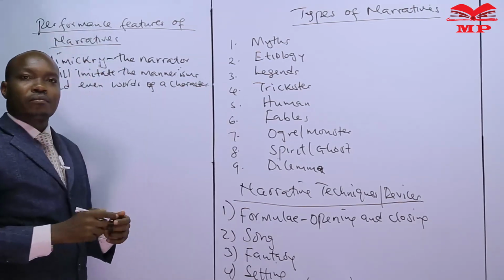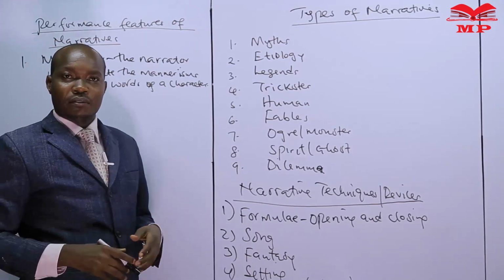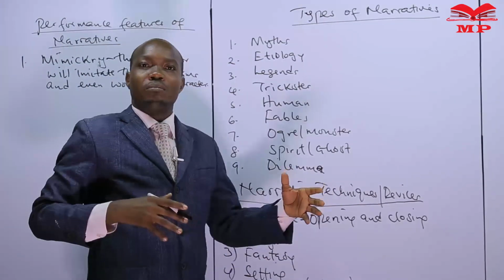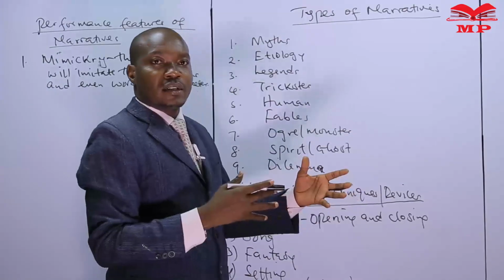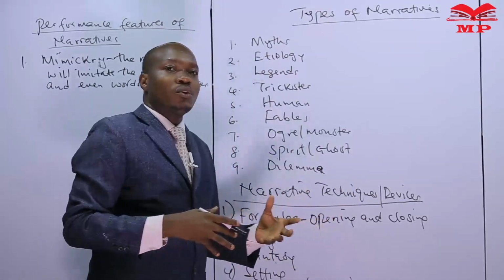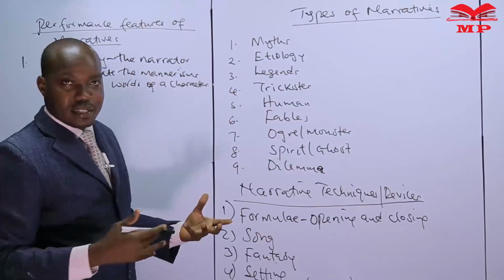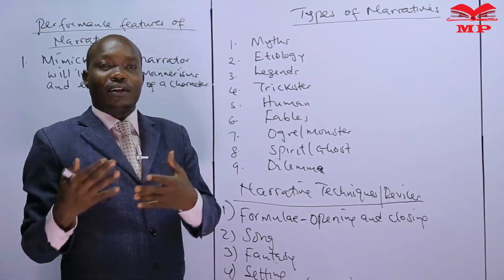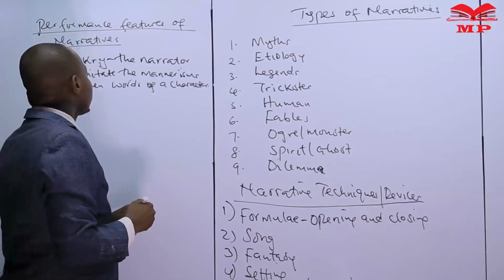For example, if the character is limping, you might see the narrator on stage trying to limp, showing that motion. So when the narrator imitates the mannerisms of a character, we call that mimicry.